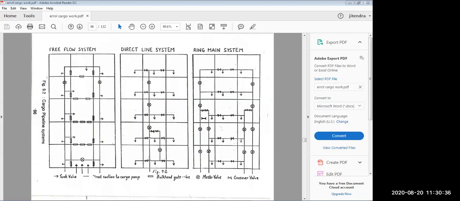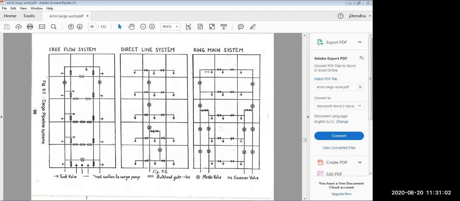Then we have the ring main system. Ring main system is what you use for loading different grades of cargo. That's the biggest advantage. So ring main is like your ring road. In a ring road, you can come from any road and go to any road, and you have many roads. In the same way, you have 3 or 4 pumps and pipelines in the ring main system.